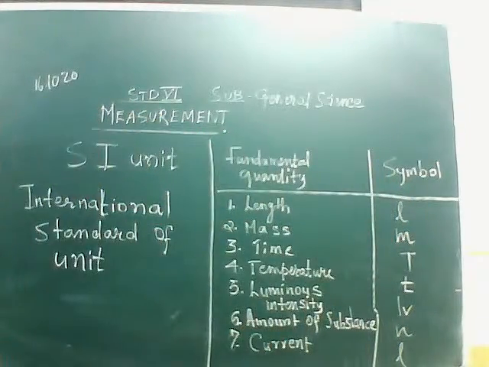Write them down, because these are the fundamental physical quantities whose standard units were decided. Throughout the world we are comparing with the standard unit of these fundamental quantities by measurement. Of course, multiples and sub-multiples of these units were found out for our convenience. Write down in your notebook.